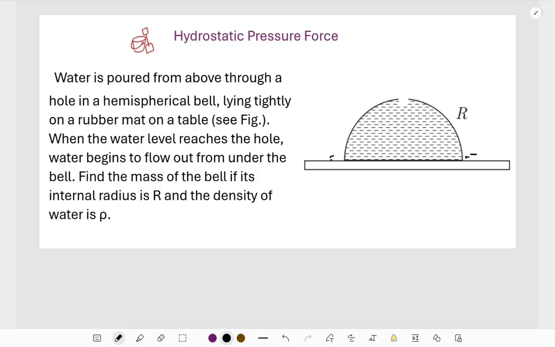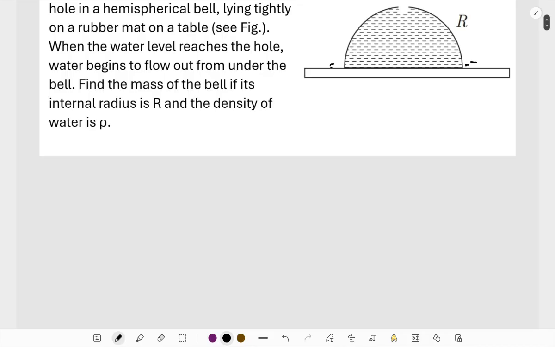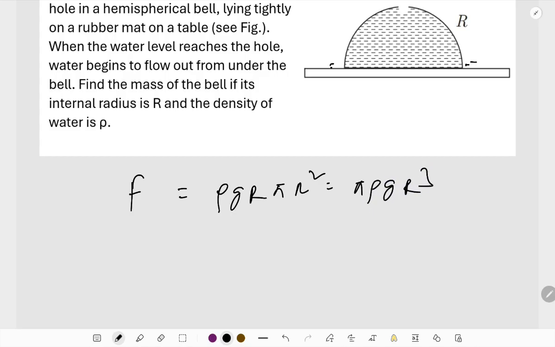And you can see here that the area of the base of the bell is equal to pi r squared, and the water is poured into it to a height h equals r. Therefore, the force of liquid pressure you can write simply as rho g r, which is the pressure at the bottom, multiplied by pi r squared, and that is simply pi rho g r cubed.